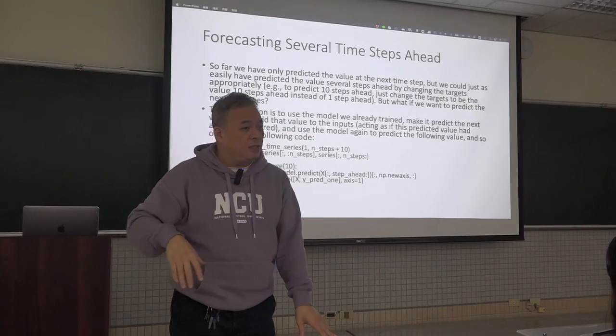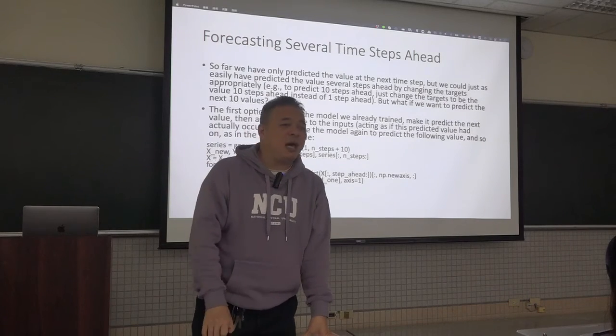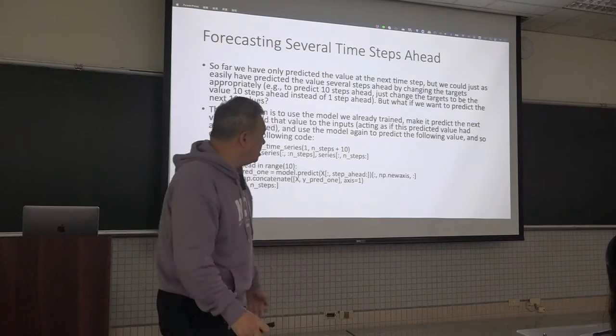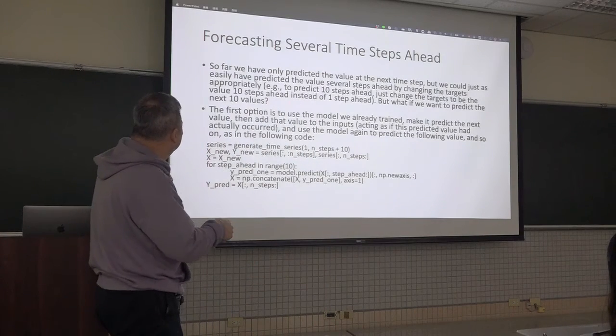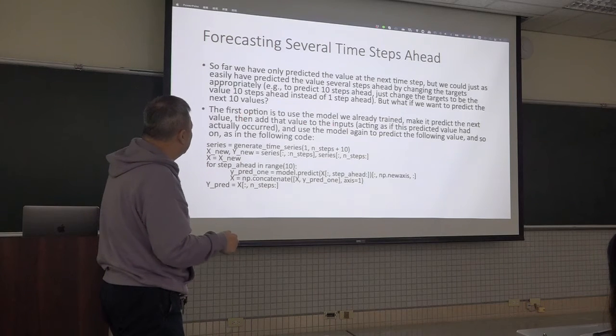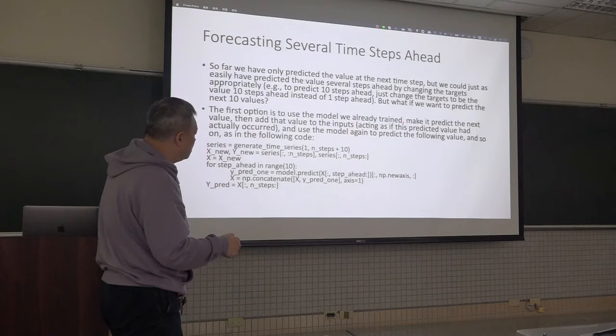This naive approach obviously works for this type of question, but there are some issues with it. This first option is to use the model we already trained, make it predict the next value, then add that value to the input. This is exactly what I just mentioned.